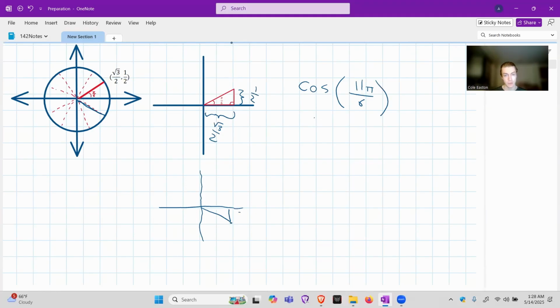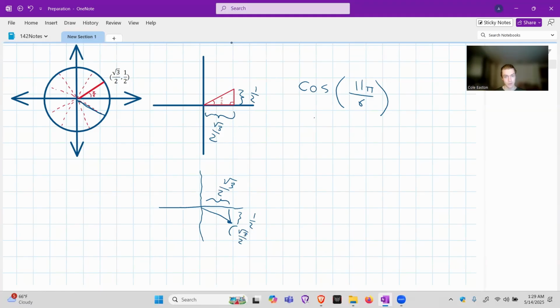And so this is our short side right here. That is length 1/2. Here's our long side, root 3 over 2. We're looking for the coordinate, basically, right here. We're root 3 over 2 to the right of the y-axis, so the x-coordinate is root 3 over 2.